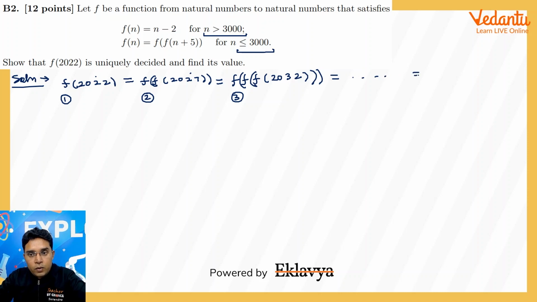If I keep on doing it this way, I think the last one would be 3002. Actually before that there will be 2997, but here also we will be able to use this formula, but then it will become f(3002).